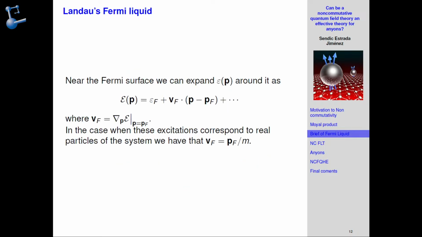Near this Fermi surface, we can expand this energy in this form. We have the Fermi energy and the Fermi velocity with the momentum of the particles. In the case when this excitation corresponds to real particles of the system, we obviously have the Fermi velocity in this form.